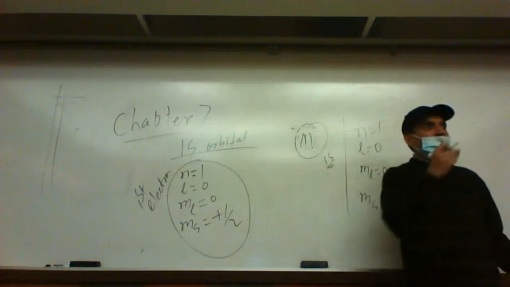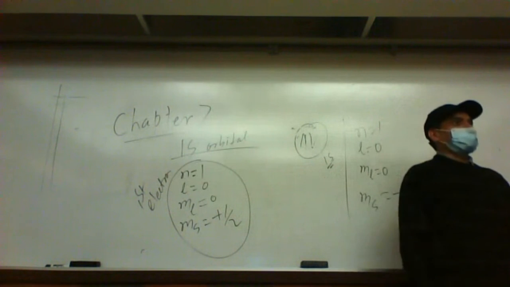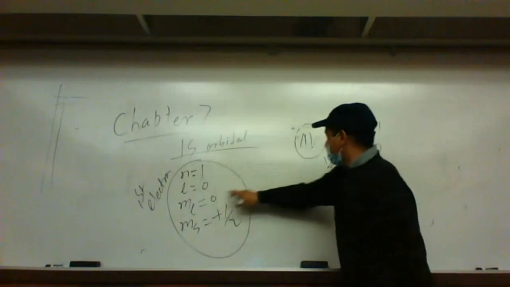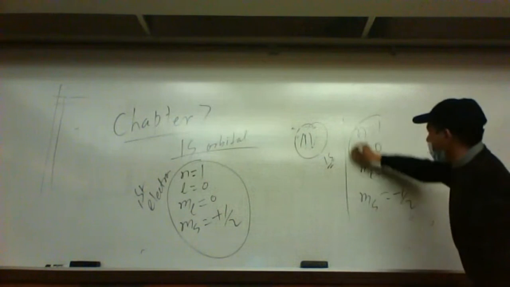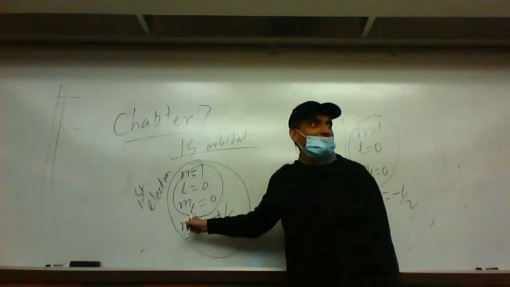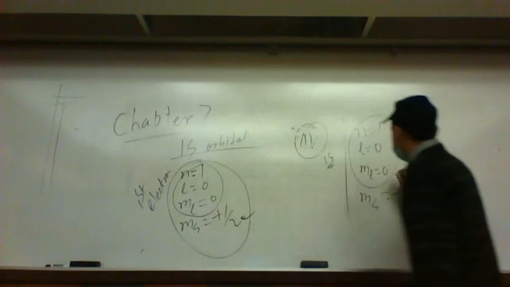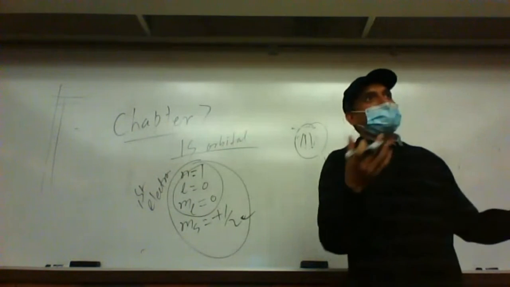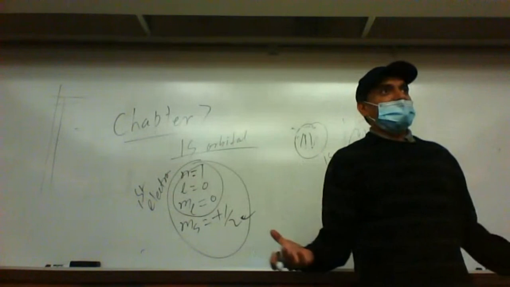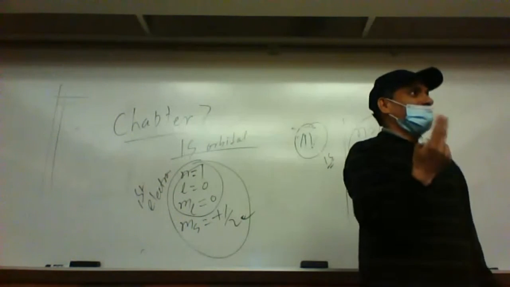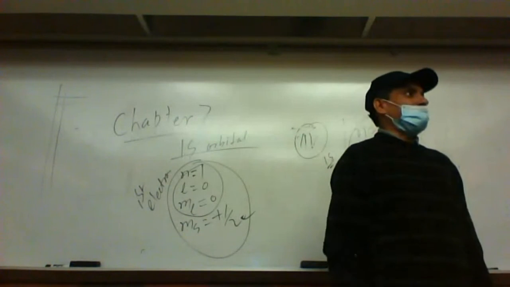So no 2 electrons have exactly the same 4 quantum numbers. 3 quantum numbers for 2 electrons can be the same, but the 4th must be different. If all 4 quantum numbers are the same, the 2 electrons would be the same electron.